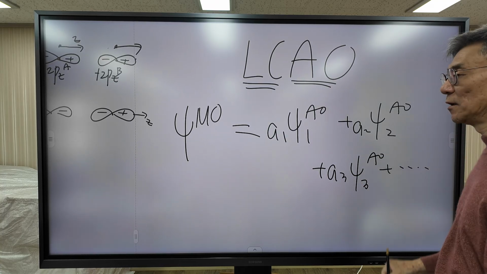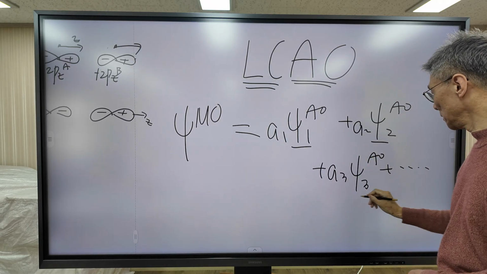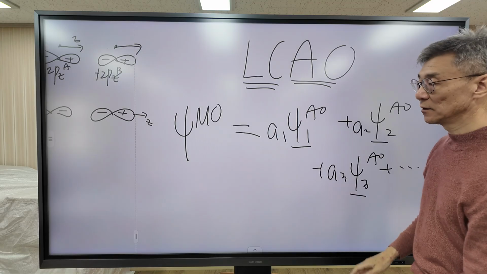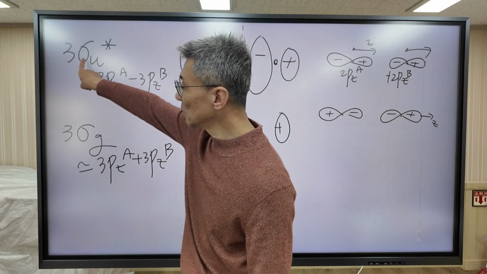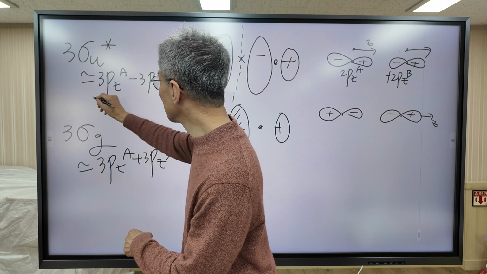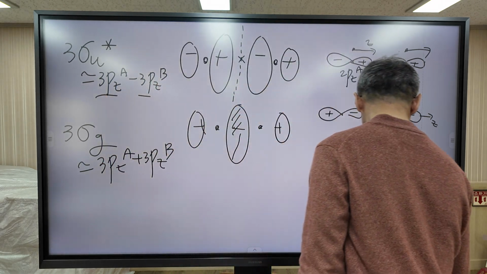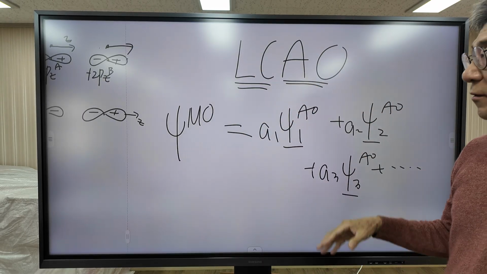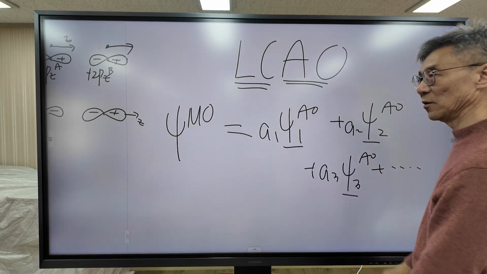To construct molecular orbitals, we are going to use atomic orbitals as a linear combination. So as I said before, to construct molecular orbitals, we are going to use atomic orbitals. This is another name for LCAO. So in the following process, we are going to construct molecular orbitals using atomic orbitals.